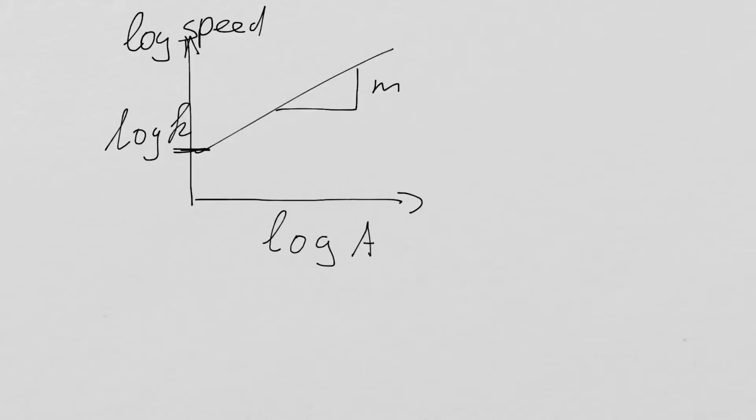That makes sense? Pretty much, I would say. This is actually one of the quizzes where you have to find out the order of a reaction. And we said for the order of a reaction, M can be basically anything. It can be any number. It can be a whole number, it can be a fraction, it can be positive, it can be zero, it can be a negative number.